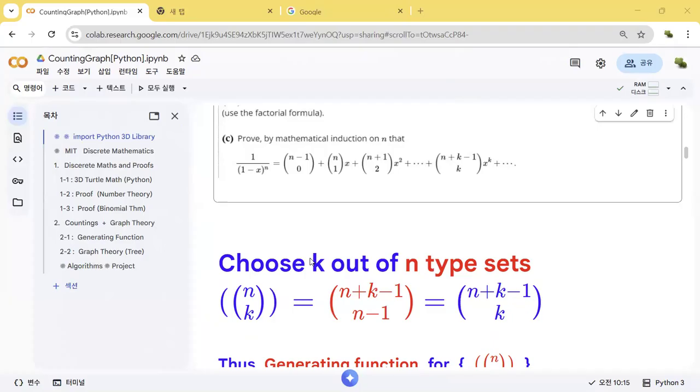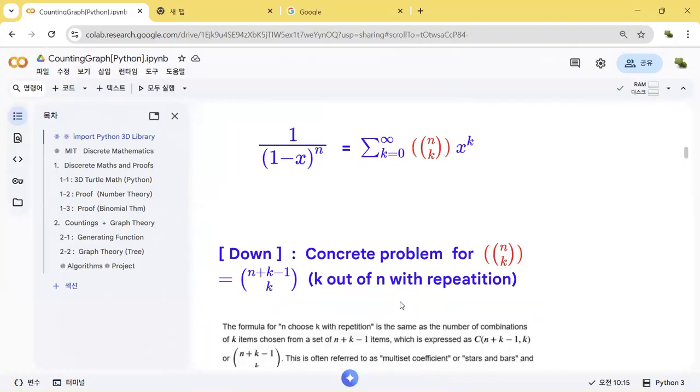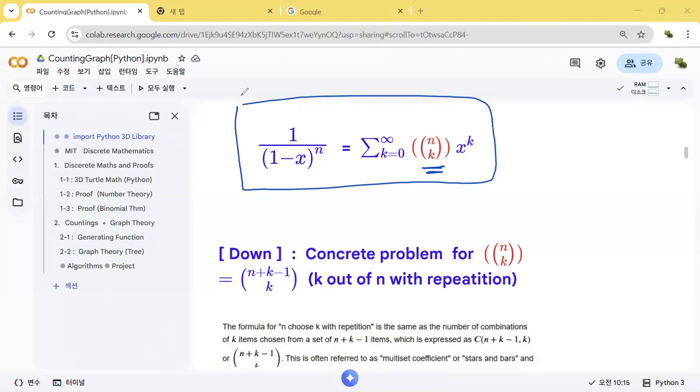Now if we admit this fact, then the generating function for this is an interesting problem. It's this one, okay? So by simply using this notation, you can get this kind of beautiful expression. Okay. Then this is the combinatorial interpretation. This one is in fact the possible number of ways to choose k out of n with repetition.